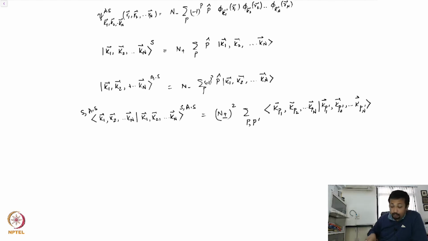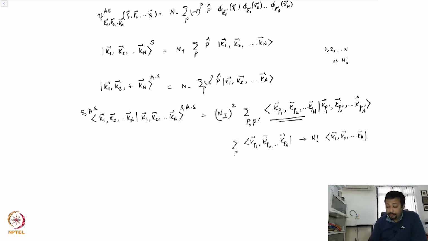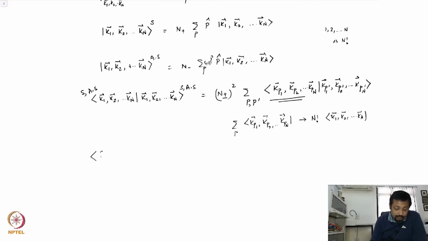Note that the total possible permutations of the numbers 1 to n is n factorial. Because this is an inner product, one can replace the sum kp1, kp2, kpn by n factorial times k1, k2, kn. So for the symmetric and antisymmetric wave functions, this becomes N plus minus whole square n factorial.